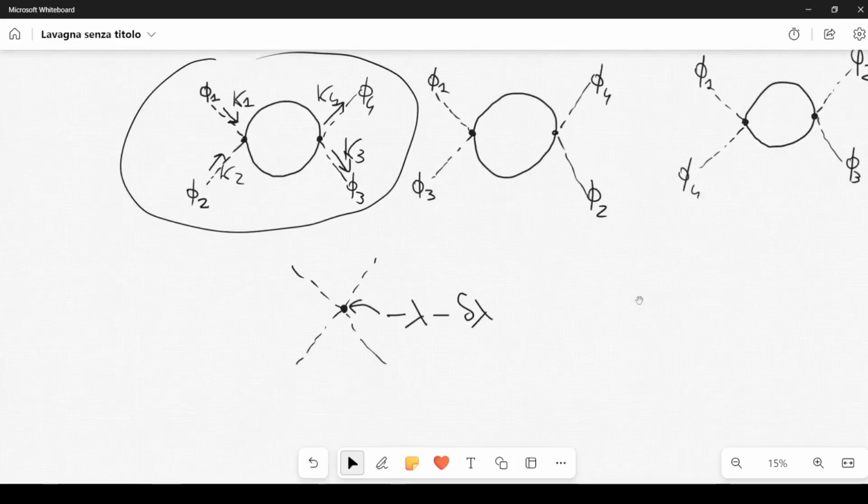Due to momentum conservation, we have to impose k1 plus k2, the momentum that's entering this vertex, to be equal to the momentum that's exiting this other vertex, so k3 plus k4. Inside the loop we have two edges, and this is the orientation that I'm choosing.